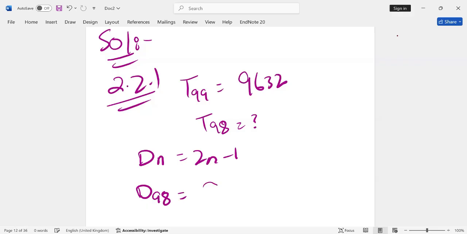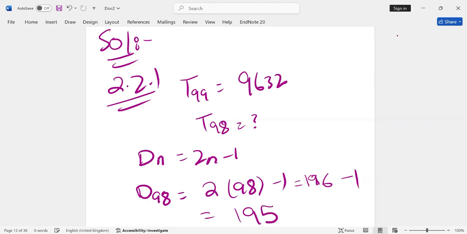which is 2 into 98 minus 1. You multiply this number, 2 times 98 is 196, minus 1, so we have 195. So D98 is 195.